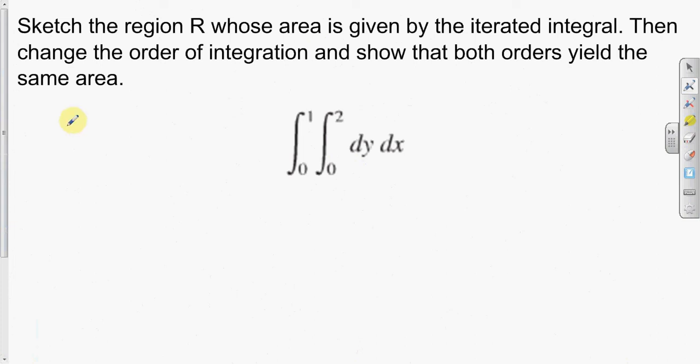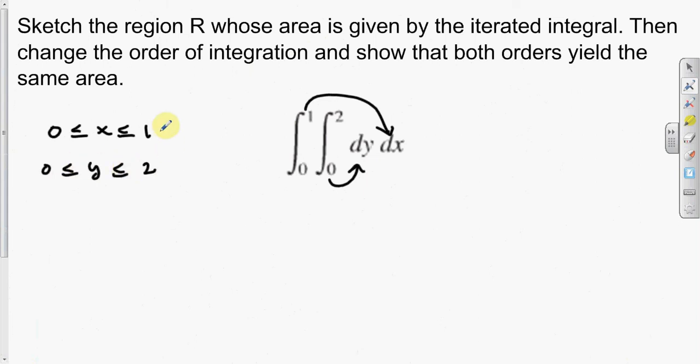So if I look at this, this says that x is bounded from, you see that, 0 to 1? That goes with the dx, right? And then here, y is bounded from 0 to 2. This becomes our region.